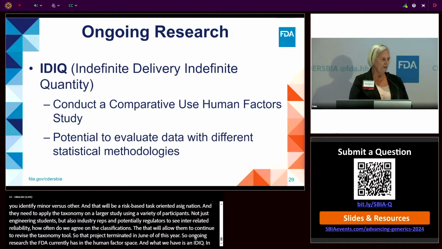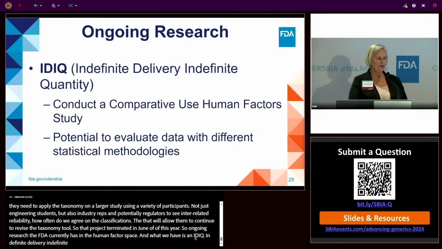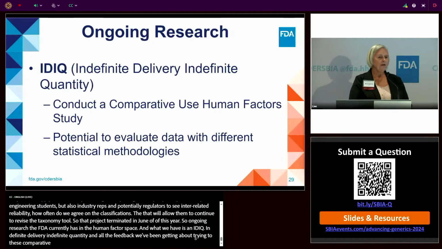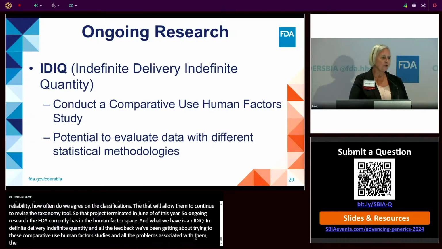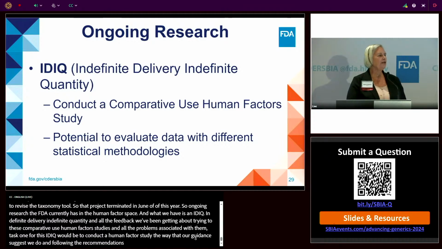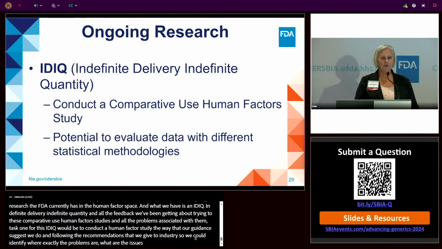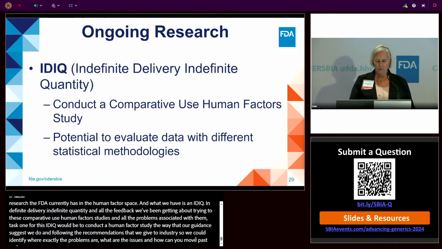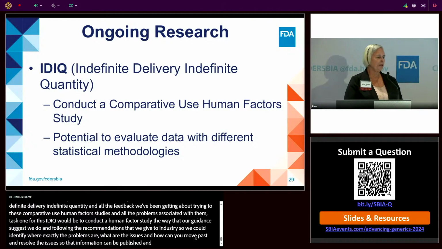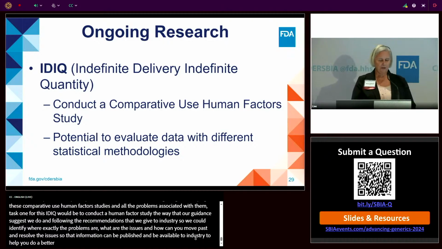Because of all the feedback we've been getting from the agencies about trying to do these comparative use human factors studies and all the problems associated with them, they decided that task one for this IDIQ would be to actually conduct a human factors study the way that our guidance suggests, following the recommendations that we give to industry, so that we could identify where exactly the problems are, what the issues are, and how you can move past them and resolve those issues, so that information can be published and be available to industry to help you do a better job conducting a human factors study.